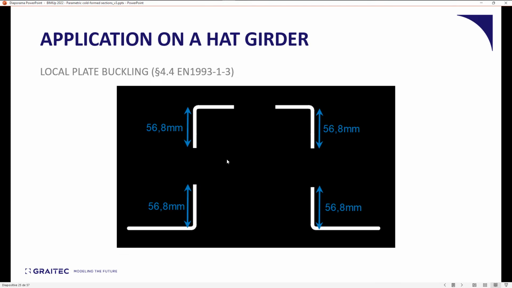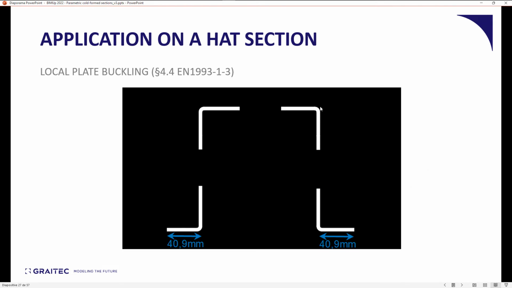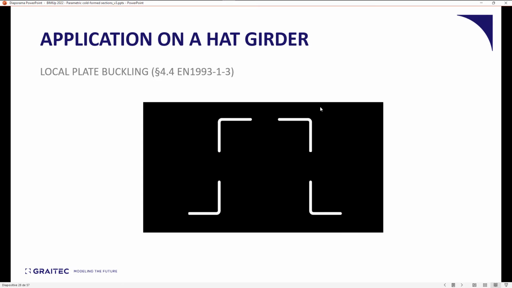And finally you can work on the lips, left and right. So this time it is an outstand compression element in pure compression still, and you find out the effective width because you're losing the very end. And this is how you end up with the effective cross-sectional area after the effect of local plate buckling.